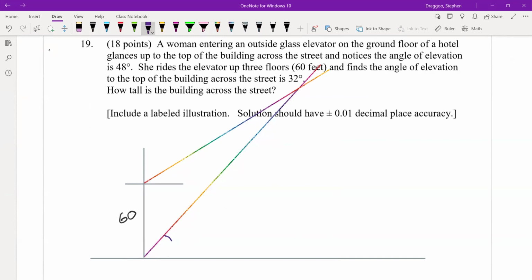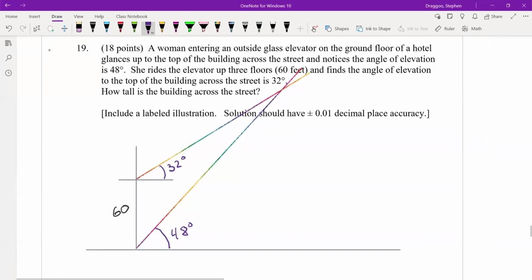First one, from the ground, was an angle of elevation of 48 degrees. The other, measured from the third floor, was 32 degrees. And again, we know that there's 60 feet in between the two floors.